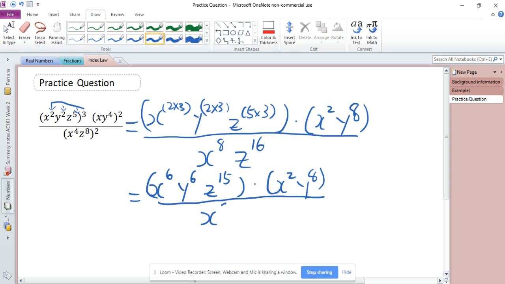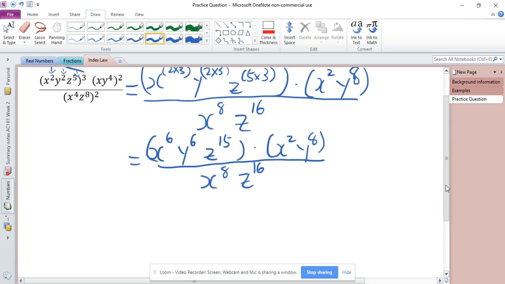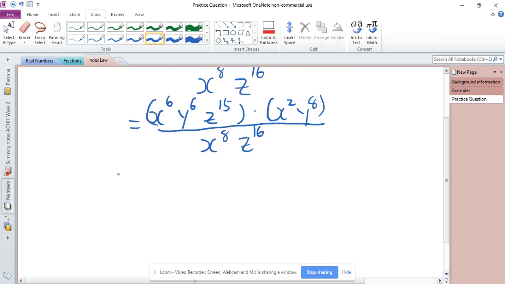So what's the next thing? The next thing is to deal with the top part, because there you need to perform the multiplication. I like to deal with the multiplication first and then do the division. It's only my own preference, it's not necessary to do it this way.